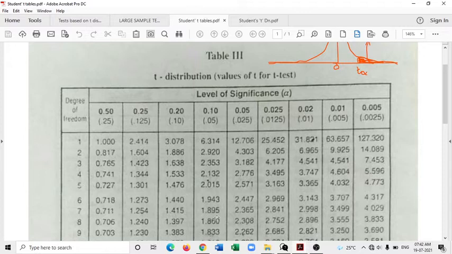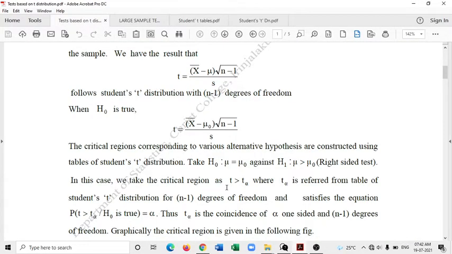And the same degrees of freedom and probability 0.05 in the upper row gives the two-sided test table value, that is 2.365. Based upon this principle, we refer the table value from student t distribution tables.